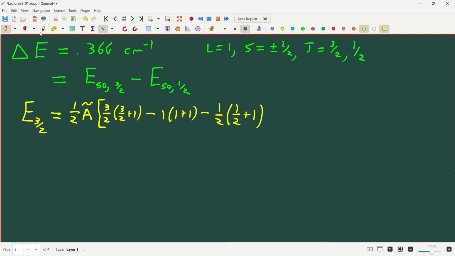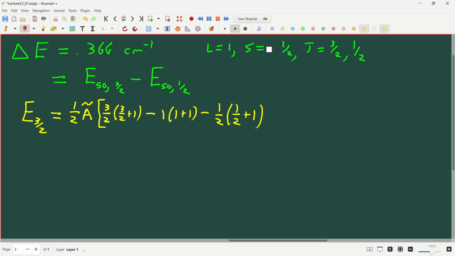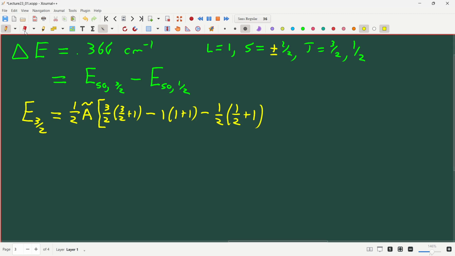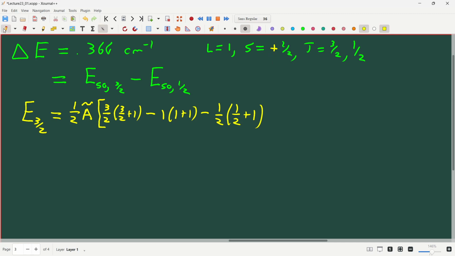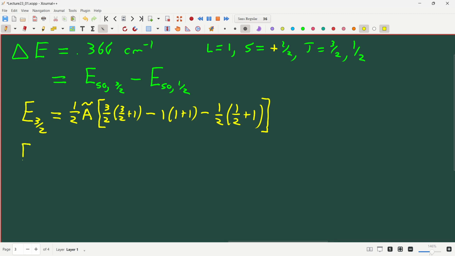And sorry, I apologize. The spin is only 1/2 here. Plus or minus 1/2 is the projection on the z-axis. There's no negative sign here. It's just plus 1/2. S is positive. All right, so that's our energy for that state.